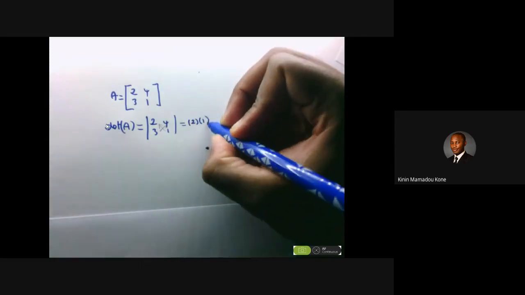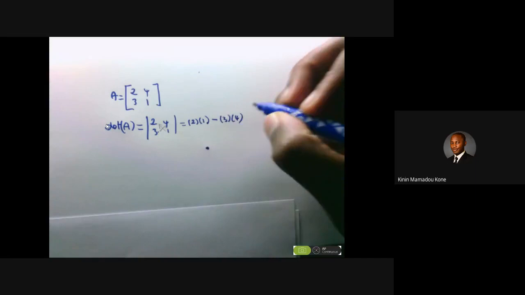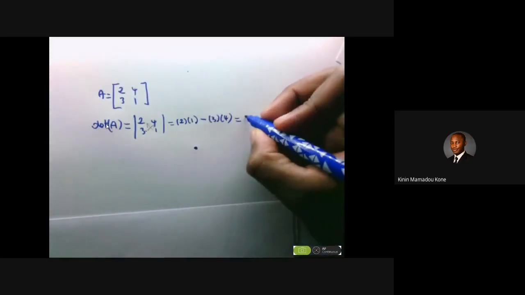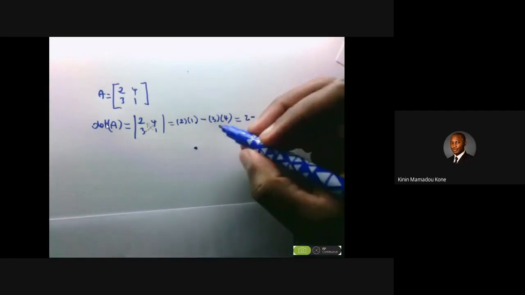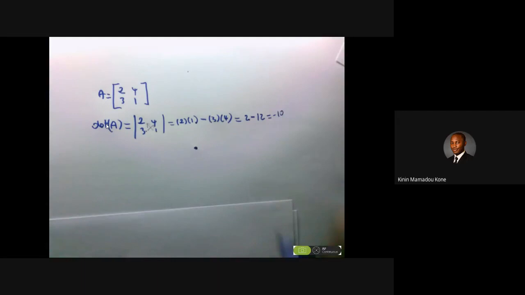That's going to be 2 times 1 minus 3 times 4, which is 2 minus 12, and that's going to be negative 10. That's for a 2 by 2 case. You simply write it this way and then you solve.